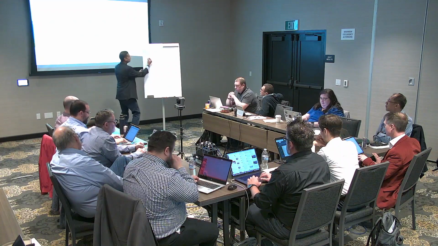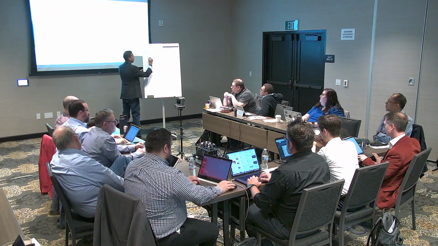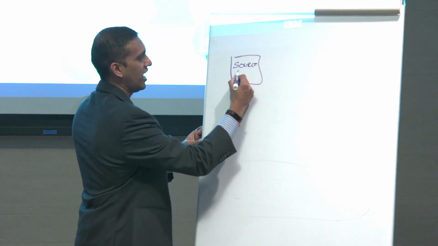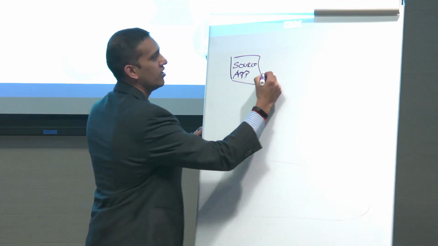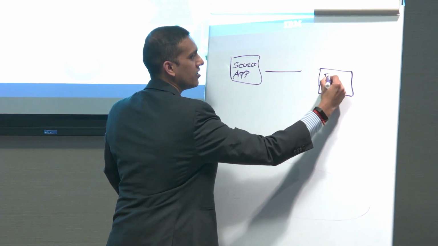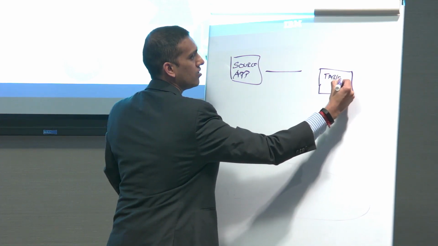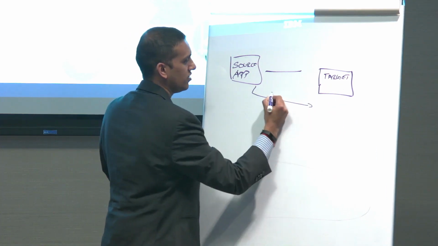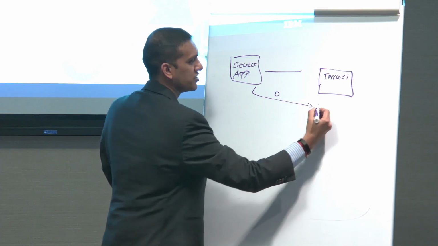So you have a source, which is the app that you're backing up. And in our case, we have the target. So the first time we send a full, say call it day 0.